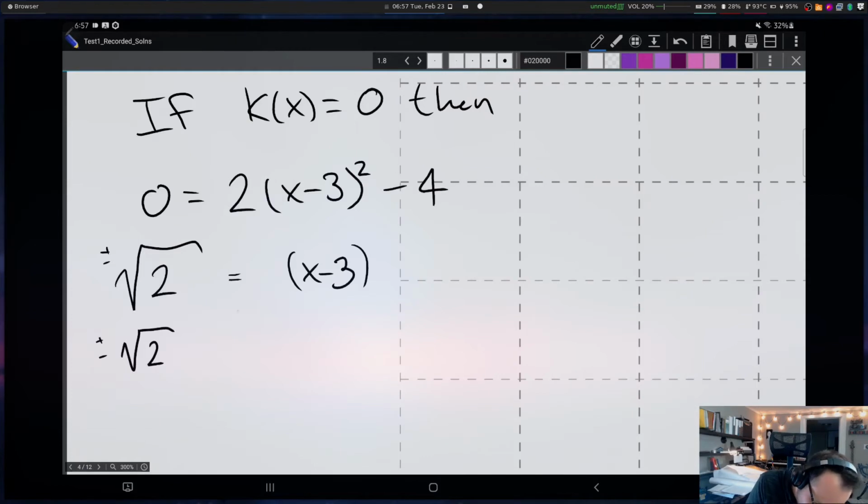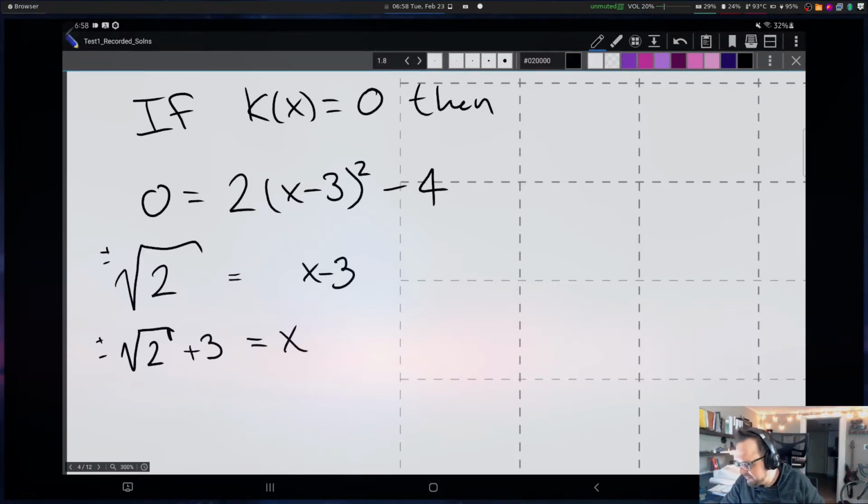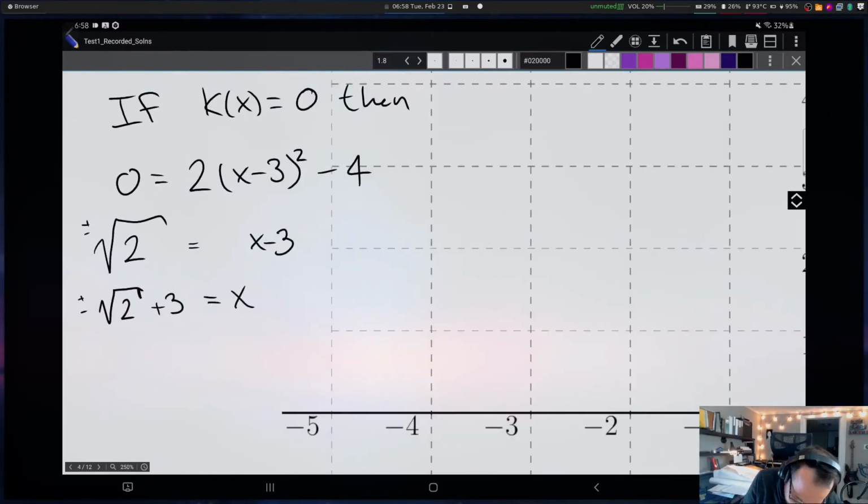But okay, if we have this plus or minus root 2 equals x minus 3, let's add 3 to both sides, just being careful to denote that it's not under the square root. And I get something like x equals square root of 2 plus or minus 3.